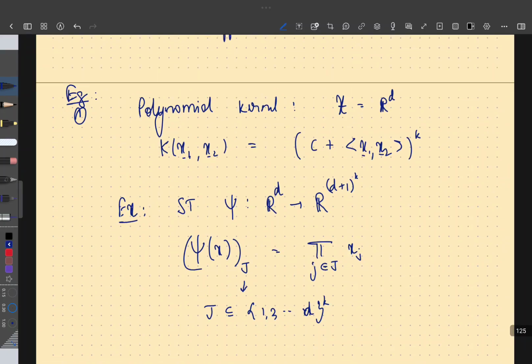Okay, so this is particularly for c equal to 1. The constant over here is 1. If it's not equal to 1, then it just amounts to a rescaling.